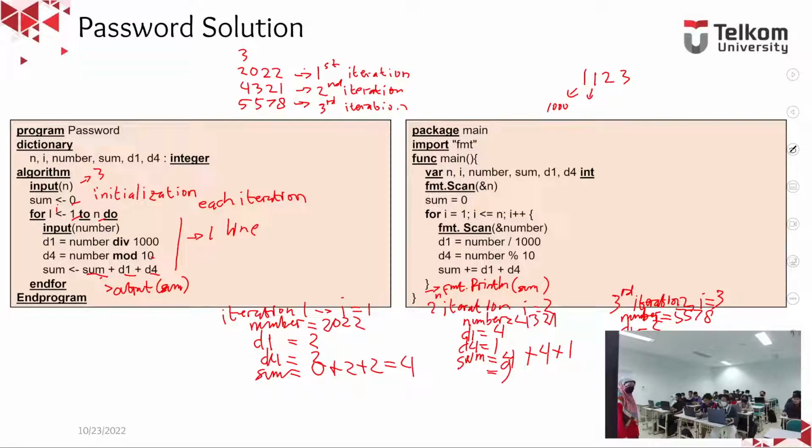Mod by 1000. Mod by 1000 and then divide by 100. Okay, sometimes it cannot be executed in only one step, right? You will have two steps, for example, mod by 1000, and then next, divide by 100, right?